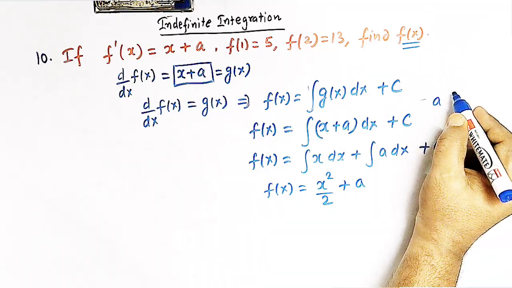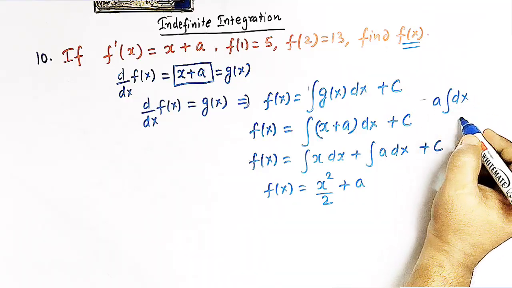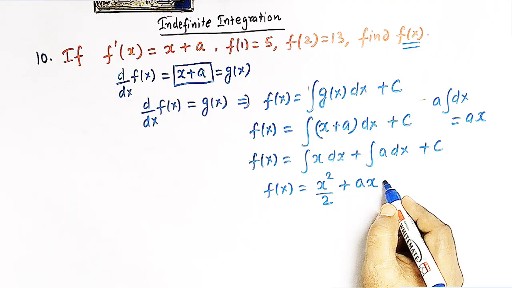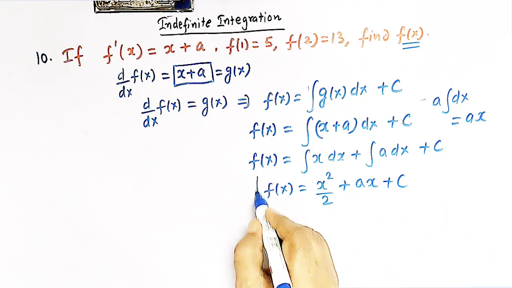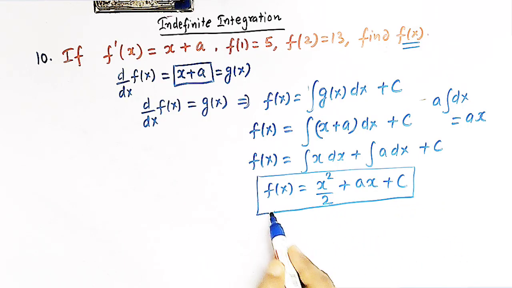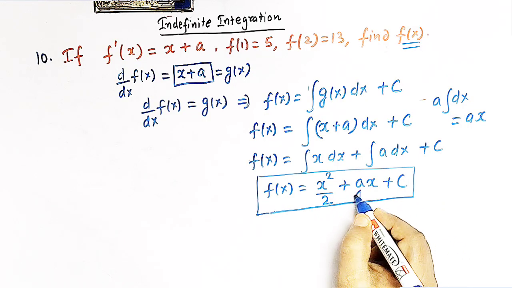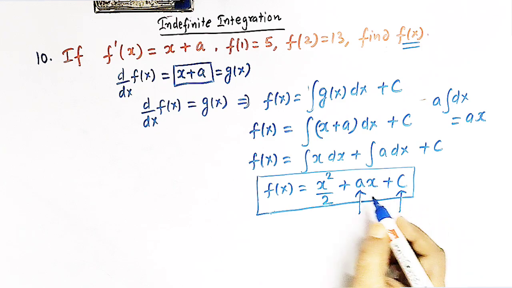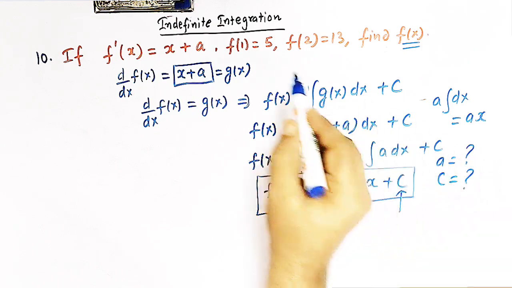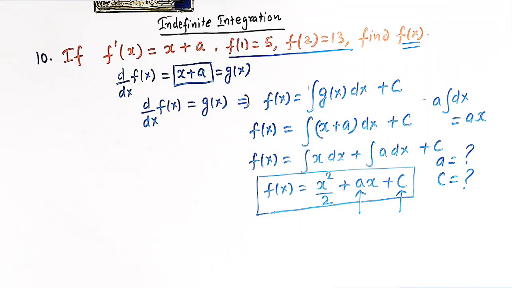So we have a times the integral dx, that is equal to ax. So here we have ax and c. So the function f of x is given by this expression, and now we have to find the value of a and c using these two conditions.